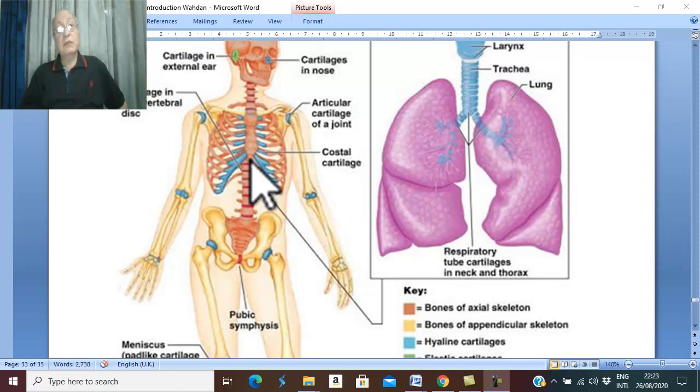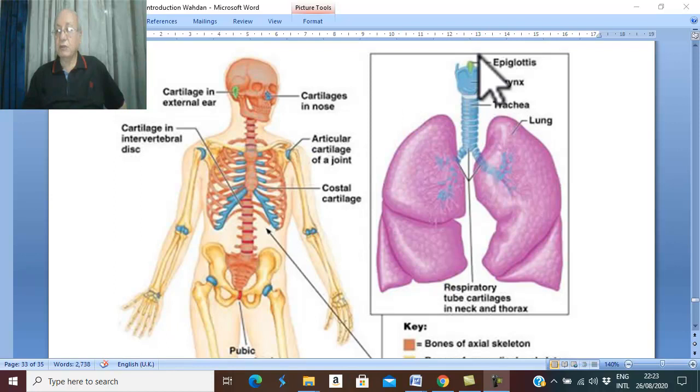Respiratory: always remember the respiratory system in hyaline cartilage. First of all, cartilages of the nose, and the cartilages of the larynx, all cartilages of the larynx except the epiglottis. Here it is green in color because it is not hyaline cartilage.